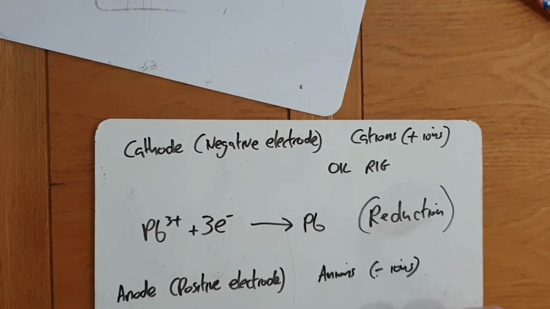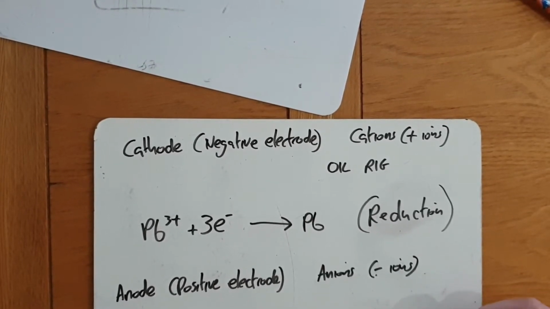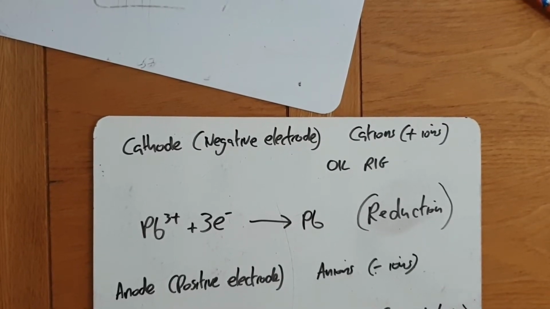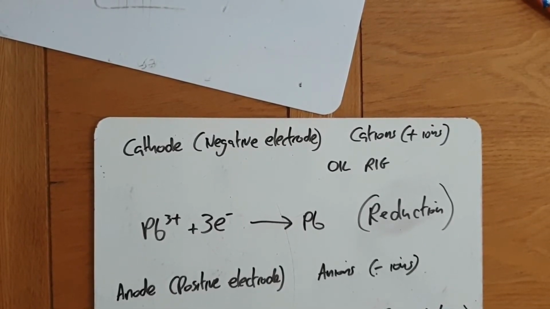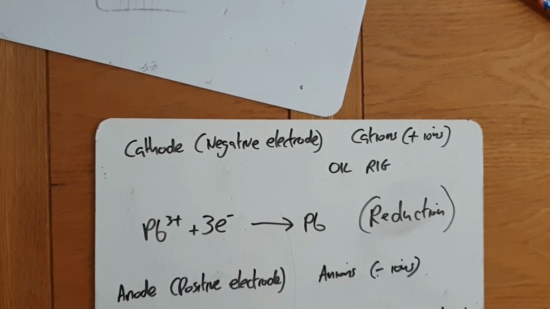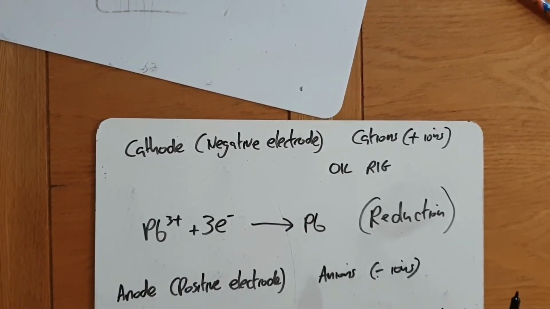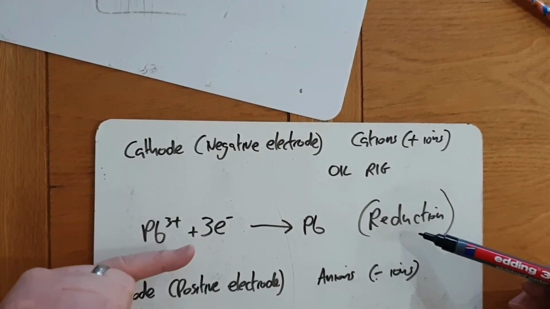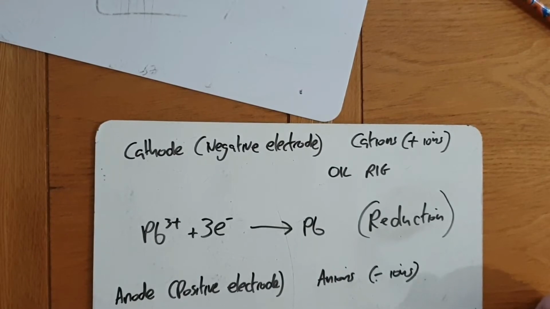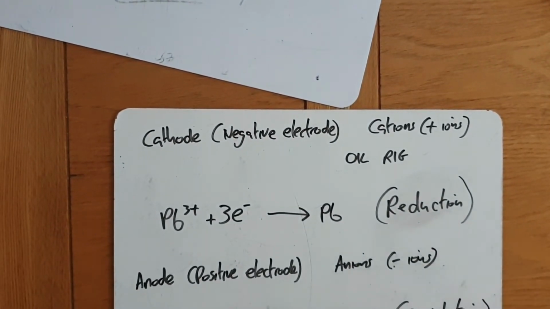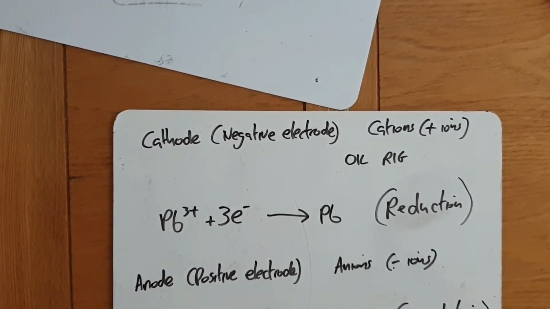So this is an example of oxidation. In an oxidation reaction, something's losing electrons, and in a reduction reaction, something's gaining electrons. But the reality is, if you're gaining electrons, you've got to get them from somewhere, and we're getting them from here because this is losing electrons. So when these two processes happen, we actually call it a redox reaction.